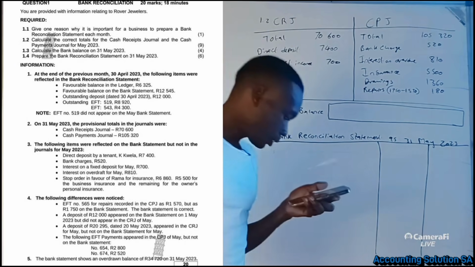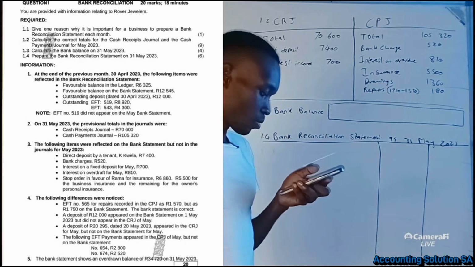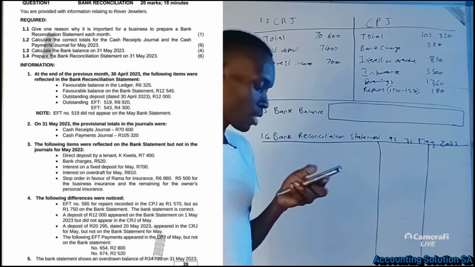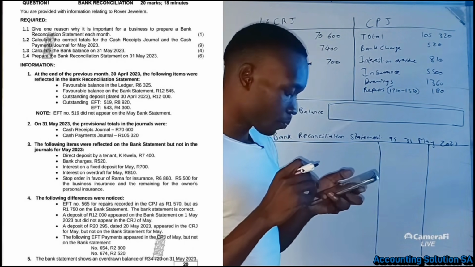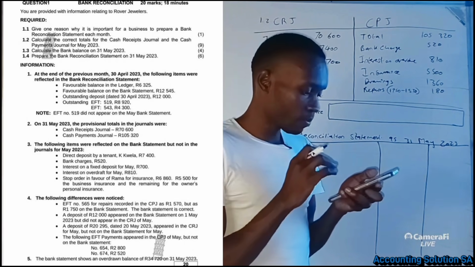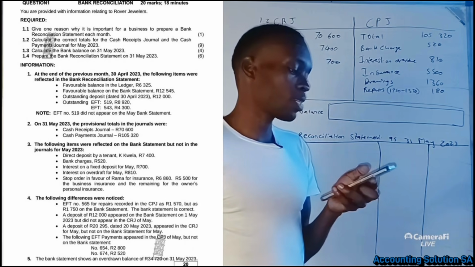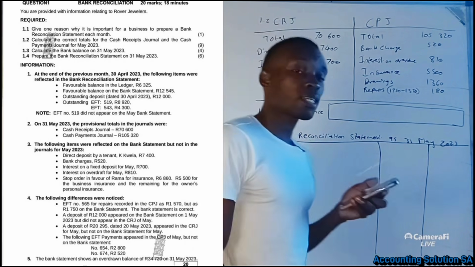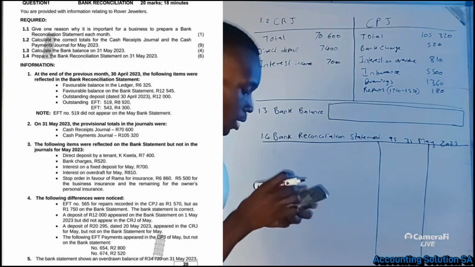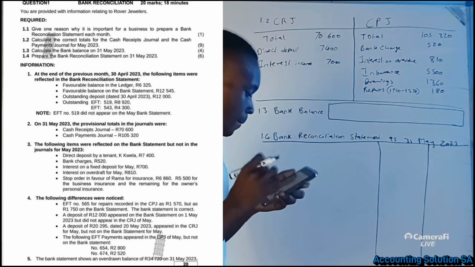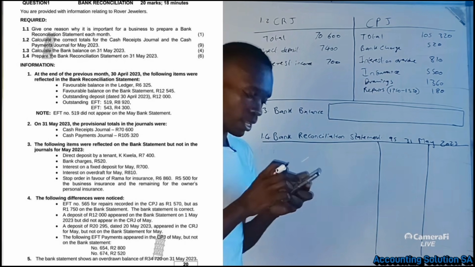Okay. And another transaction, they said a deposit of 12,000 appeared in the bank statement on 1 May 2023, but did not appear in the cash receipts of May. If you check our previous statement, we have 12,000, which is an outstanding deposit dated 30 April. So in this transaction, we are not going to adjust anything because this transaction appeared on the previous bank reconciliation statement dated 30 April 2023.